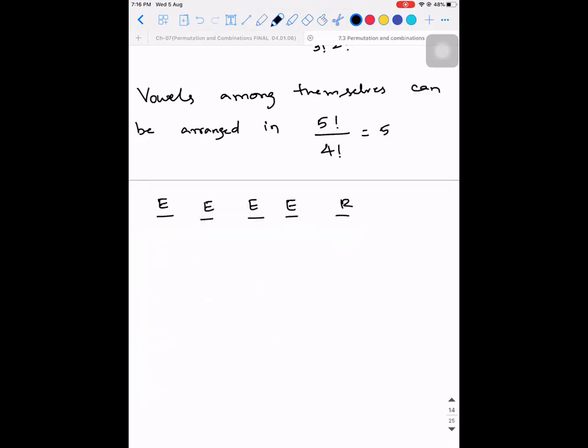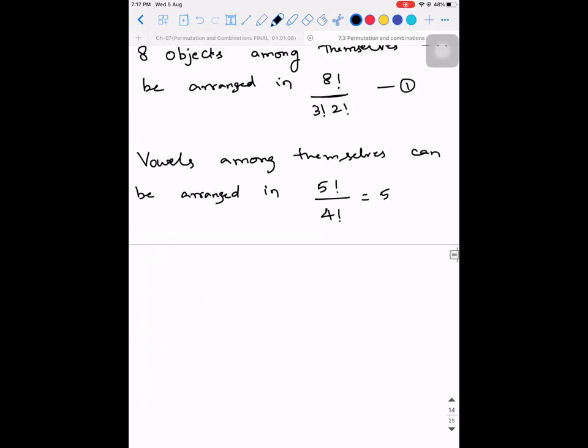So, keeping all these things in mind, how many words are generated keeping all the vowels together? Total words generated by all the vowels together. Tell me.